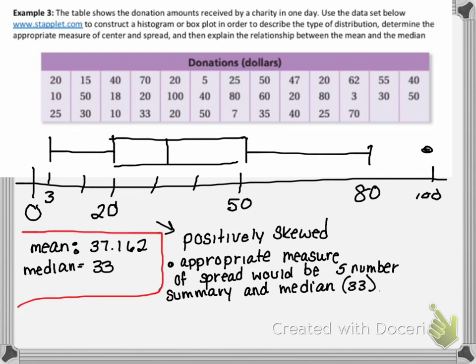My mean is 37, but my median is 33. Look at how that mean is being positively skewed. It's increasing. So the best way to represent my data would be my 5-number summary, which is why I have my box and whisker plot here with my median being 33.